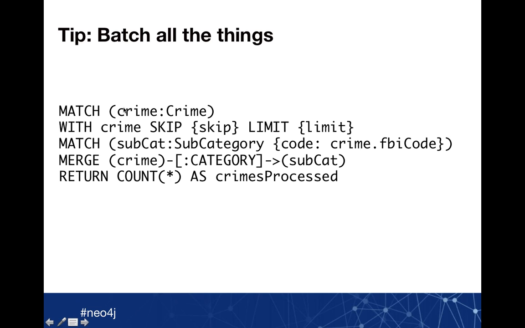We find all the crimes, and they will come back in the same order. So we skip a certain number, starting at 0, and we limit it. Let's say we pick 10,000. Then we connect the subcategories and the crimes together: a match to find the crime, a match to find the subcategory, and then a merge to connect them together.